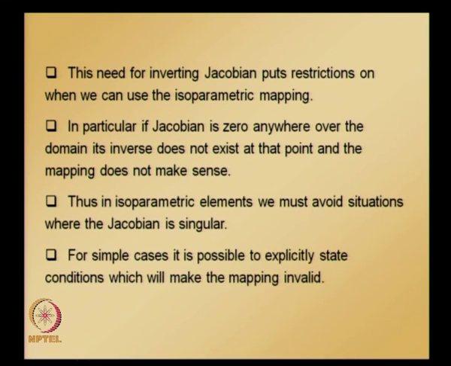For simple cases it is possible to explicitly state conditions which will make the mapping invalid. So here when we say the mapping is invalid, we mean that when the Jacobian becomes singular then the mapping is invalid. So we can come up with some conditions in such a way that Jacobian singularity can be avoided.